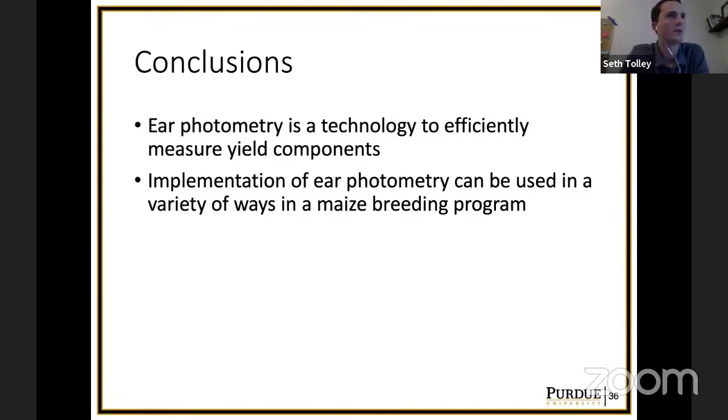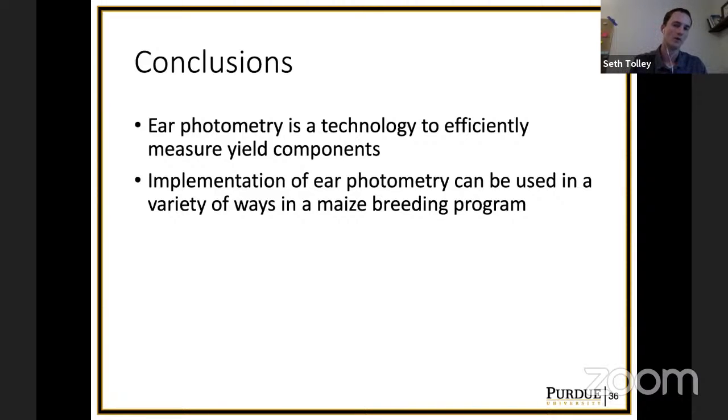I think I understand your question. So stress in maize at a variety of different stages can have vastly different impact. For example, let me just say that in maize, the yield components are determined relatively sequentially.